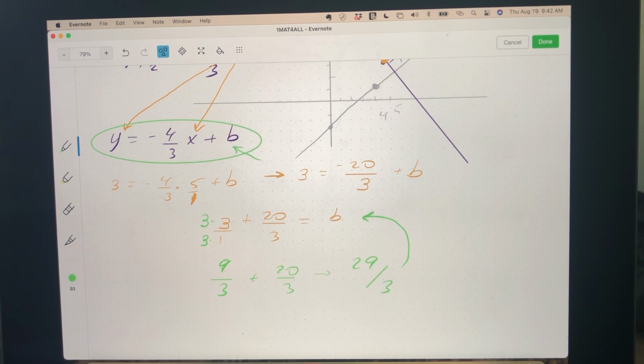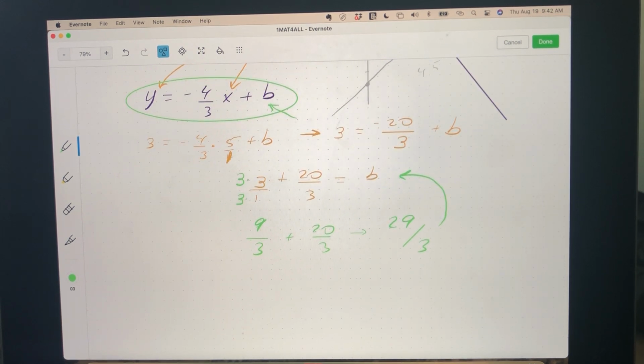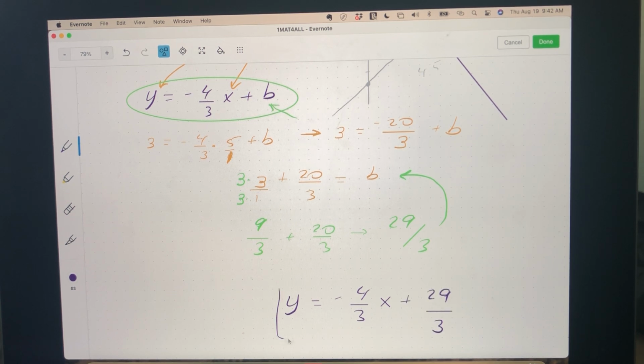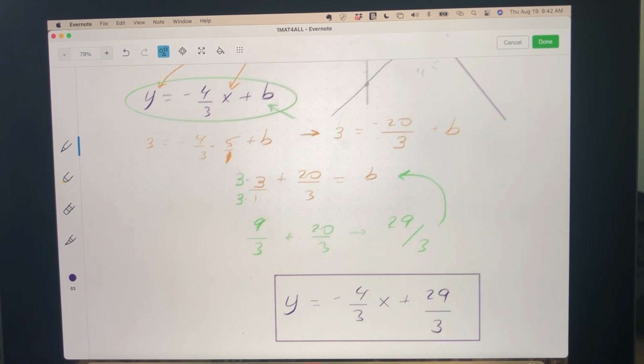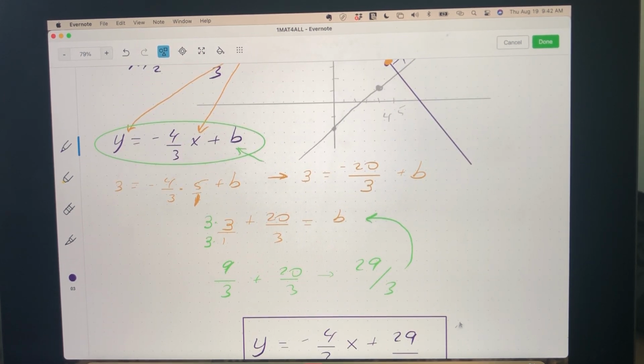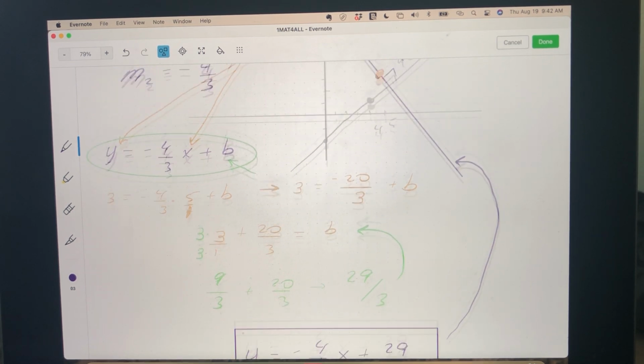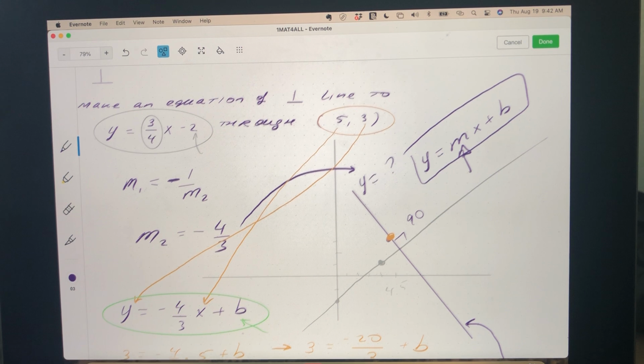We can rewrite the equation, and that is our final answer. So the final answer is y = -4/3 x + 29/3. This is the equation of a line that is perpendicular to the given line and goes through the point (5, 3).